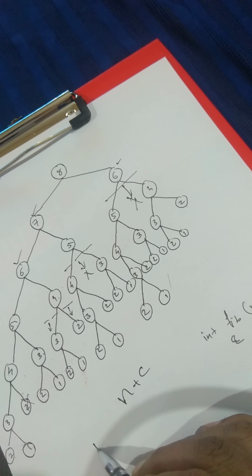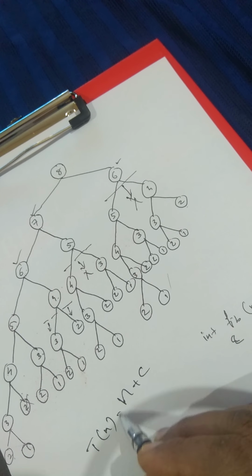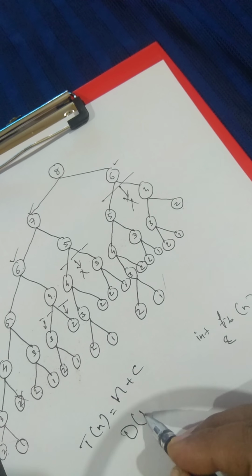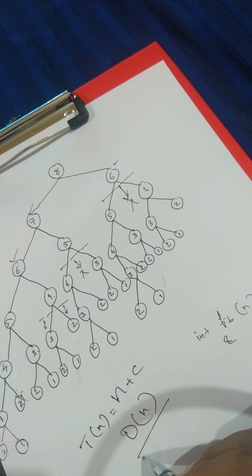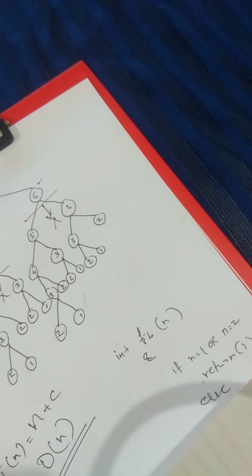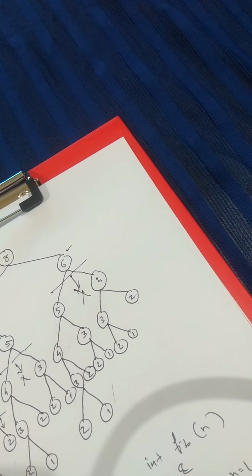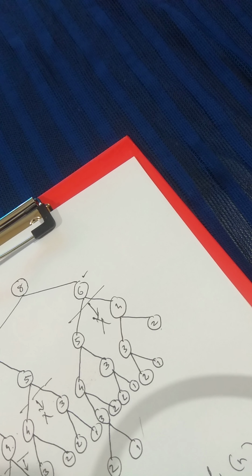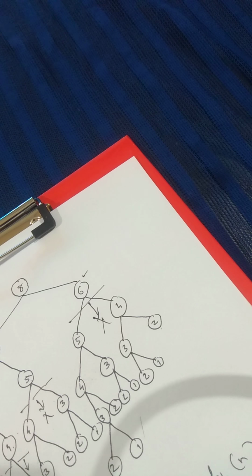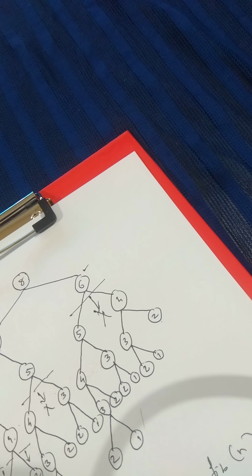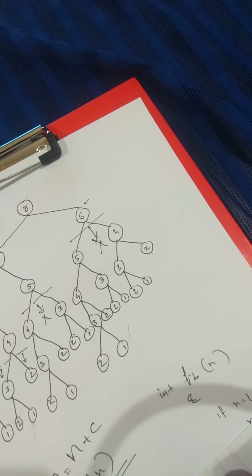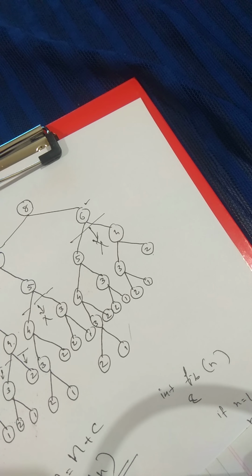We can see T(n) equals some n plus c, and it will be of order big O(n). Previously we had the recursive algorithm; we have modified it by introducing a table. We are memoizing these values, and by this dynamic programming approach we got an algorithm with a better time complexity of big O(n).